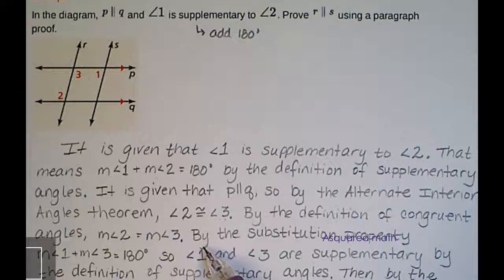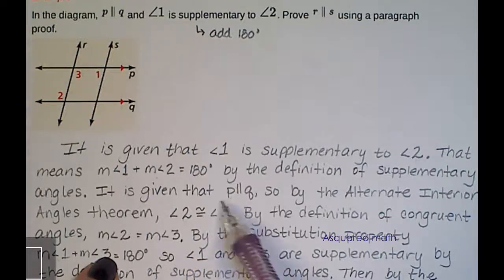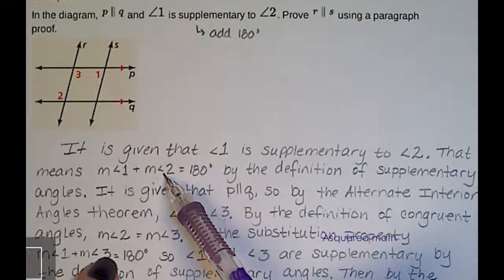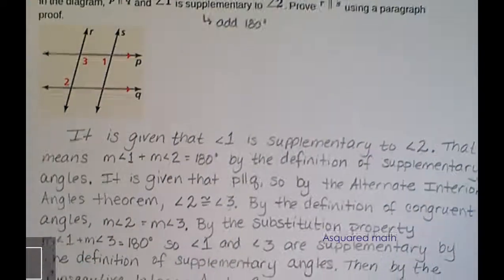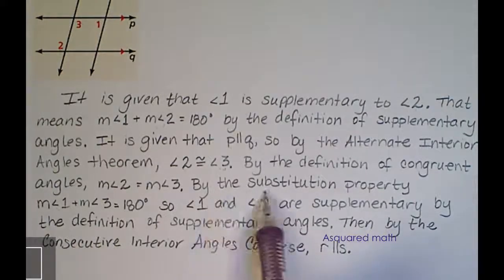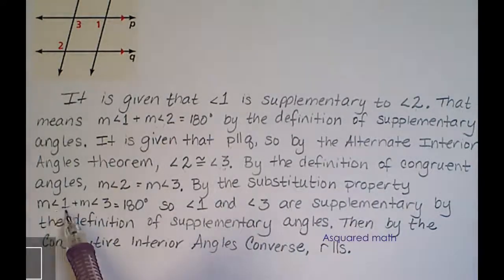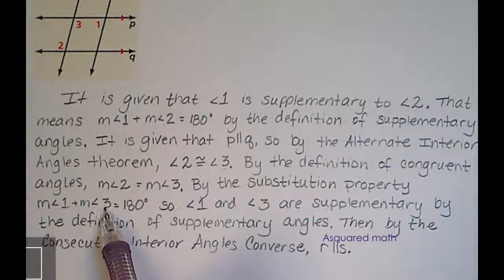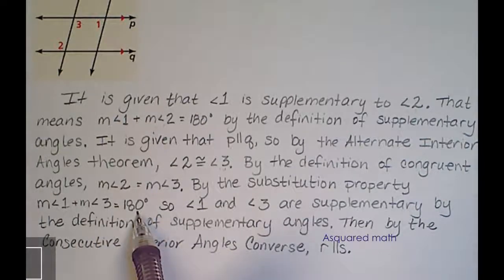By the substitution property, the measure of angle 1 plus the measure of angle 3 equals 180 degrees. And we can say that because angle 2 is congruent to angle 3. So I took this angle 3 and I plugged it in here. So let me reread that. By the substitution property, the measure of angle 1 plus the measure of angle 3 equals 180 degrees.